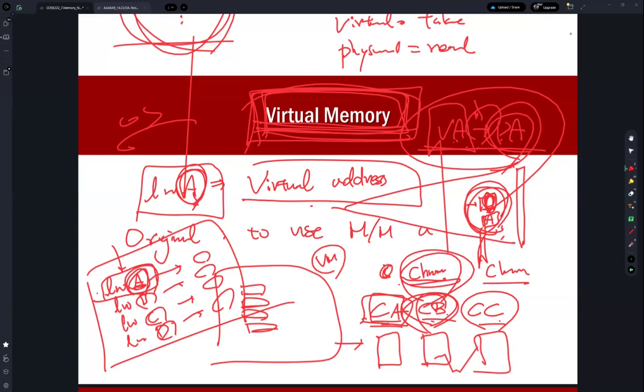Also, virtual memory controls the permission of data, some security issues in our data. And the operating system manages this virtual memory.